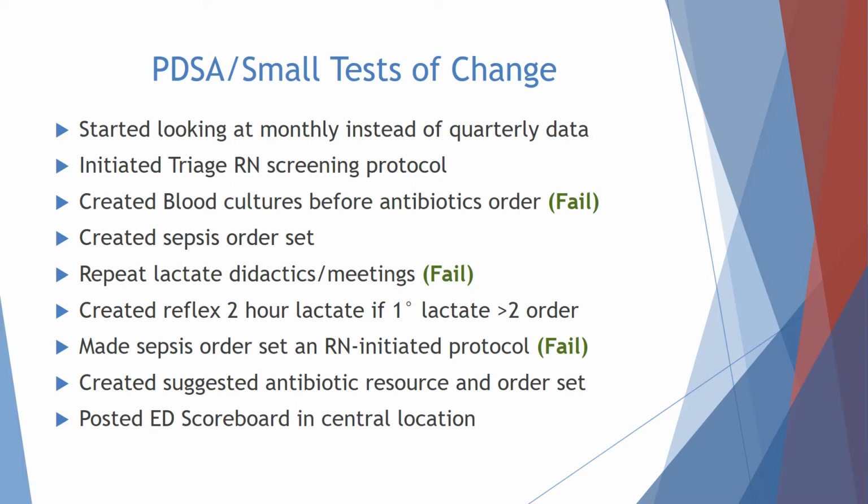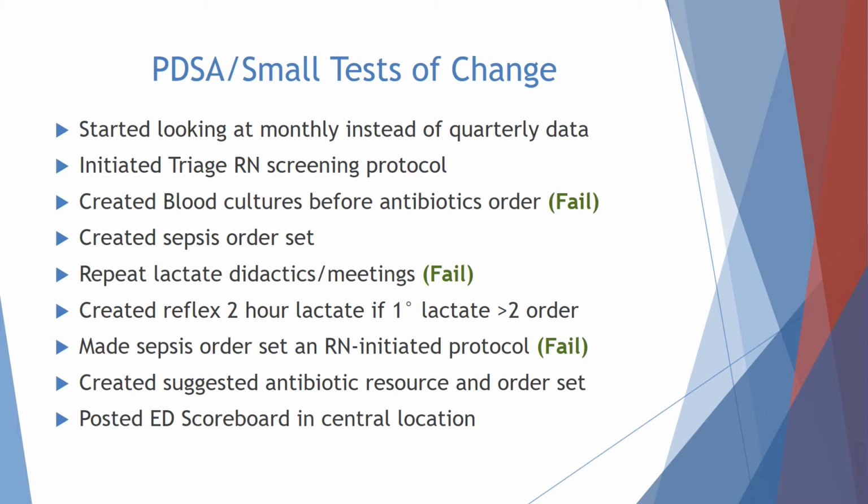They were able to move on to sepsis order sets for the RNs that they could actually initiate. And they're still having trouble getting the RNs to take agency with that and actually initiate orders without physician permission. That's kind of changing the culture of the hospital and is slow to start. They have already created a suggested antibiotic resource for physicians, basically an order folder that the physicians are finding very useful.